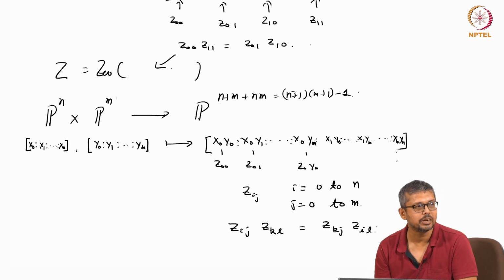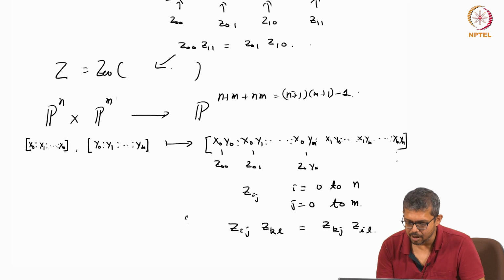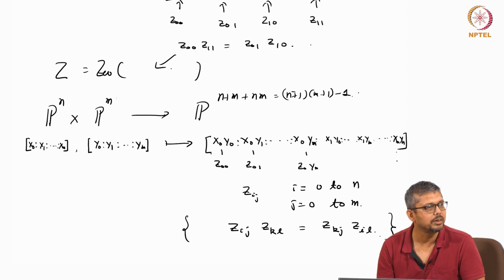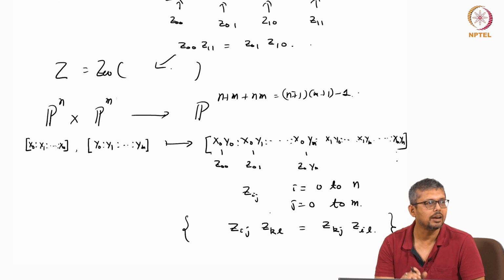That is a closed subset and it is irreducible. It is a prime ideal generated by this set of homogeneous polynomials of degree 2. This is a closed subset with a homogeneous prime ideal, so that will give a projective variety structure.